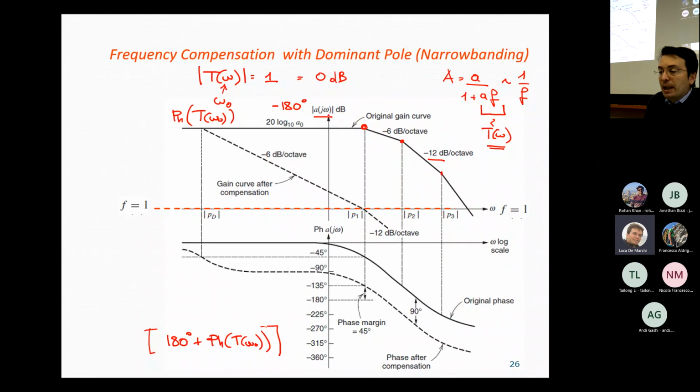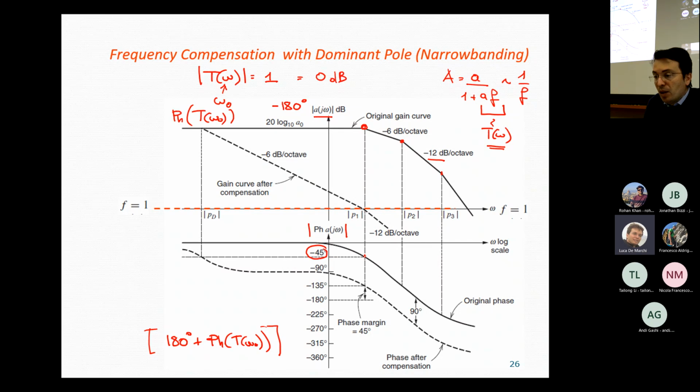We can then represent the phase of A of j omega, taking into account that each pole generates a 90 degree phase loss. In particular, we will be losing minus 45 degrees before the pole and another minus 45 degrees after the pole. For example, here at P1 we have this minus 45 degree loss.